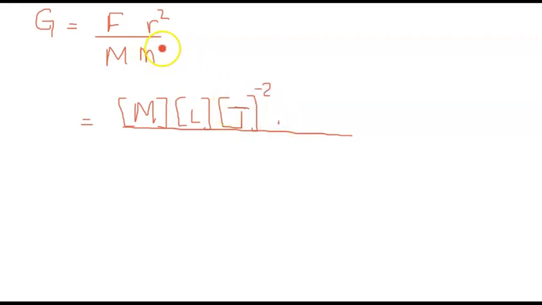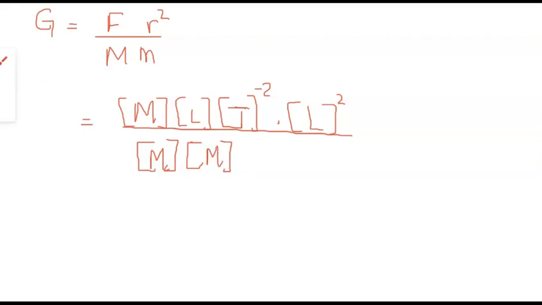The dimension for r, which is a length, is L, so for r squared it is length squared. For the big M, I'm not going to write down M and m; I'm going to write down the dimension, which is a mass, M. And the dimension for the small m, which is also a mass, is another M. It makes life a lot easier.